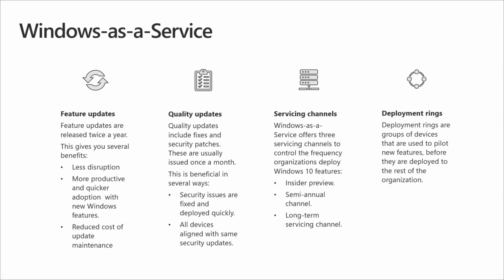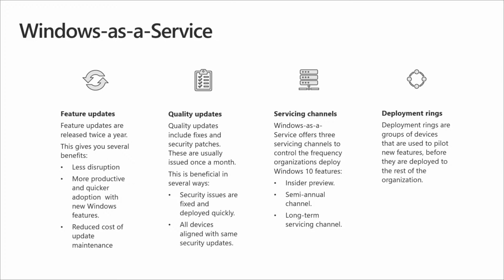Now, this name is misleading at first when you compare it to infrastructure as a service, platform as a service, software as a service. This is WaaS. And the reason it could be misleading is it may imply to you that this runs in the cloud only. But actually, this is helping you to manage and deploy Windows from the cloud to your devices that may run Windows.